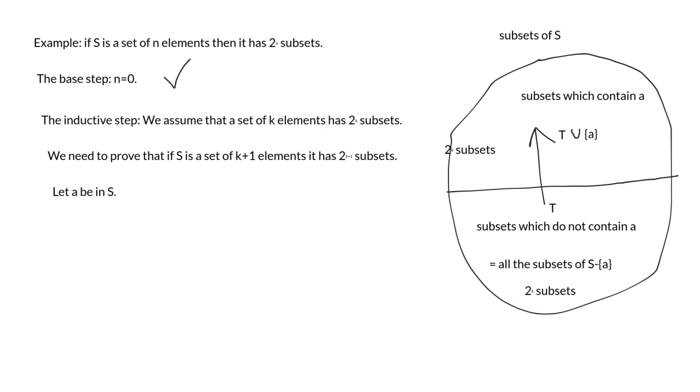And because these are disjoint sets of subsets, so they don't have anything in common, every subset either has A or doesn't have A in it, the total number of subsets is the sum of the subsets in these two parts, which is 2 to the k plus 2 to the k, which will be 2 to the k plus 1.